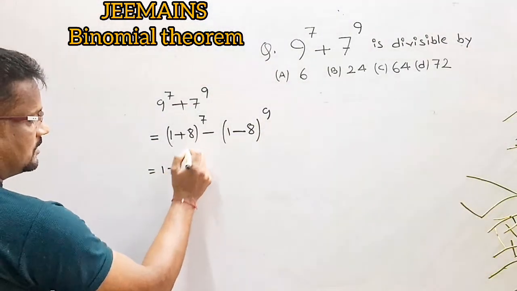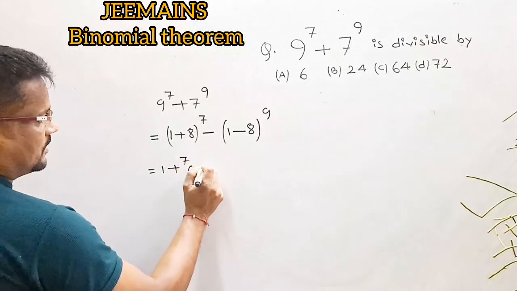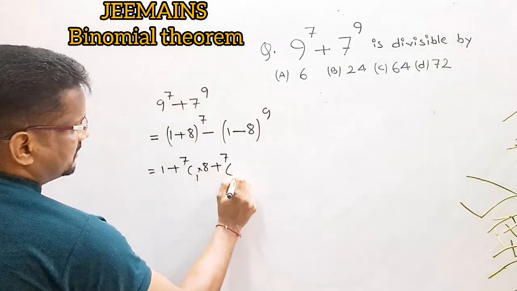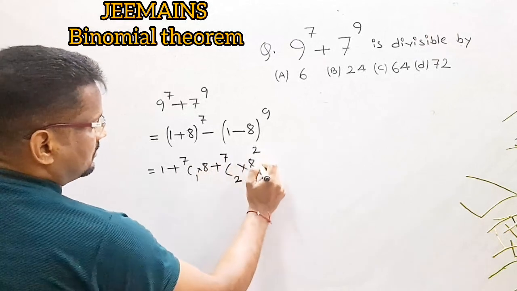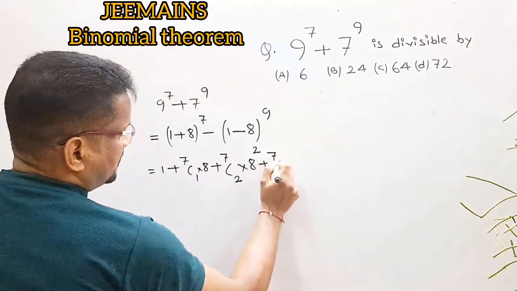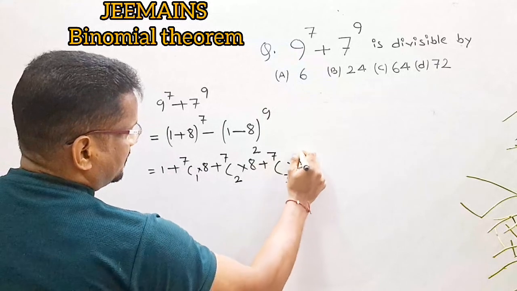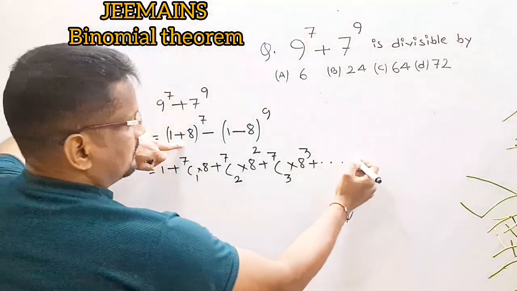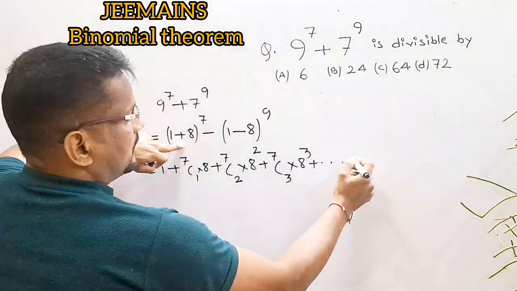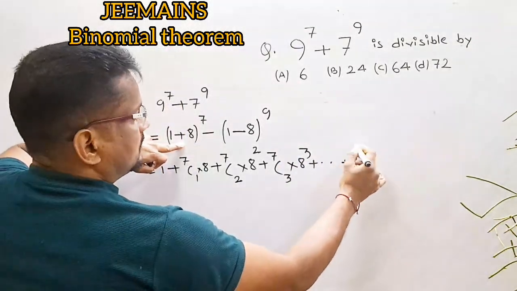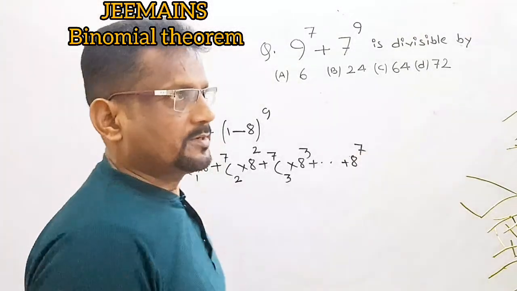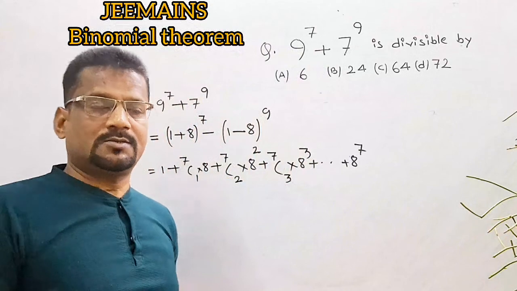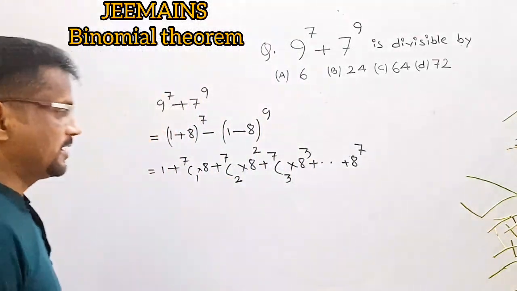1 plus 7C1 into 8 plus 7C2 into 8 square plus 7C3 into 8 cube plus so on. This binomial we are writing here, plus 8 to the power 7. So which expansion have we used? (1 plus x) all to the power n, that is 1 plus nC1 x plus nC2 x square and so on up to x to the power n.